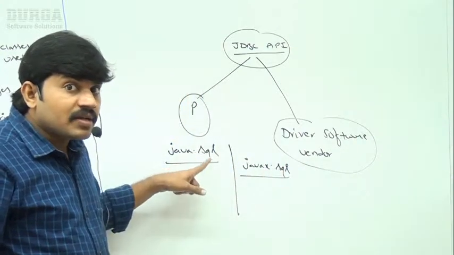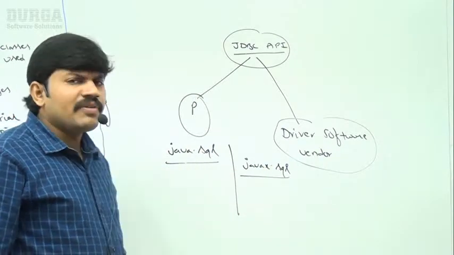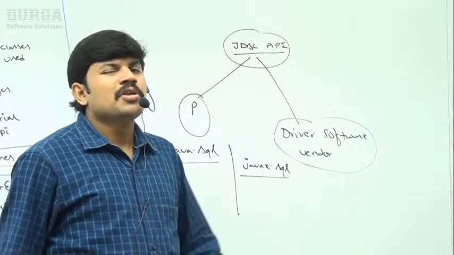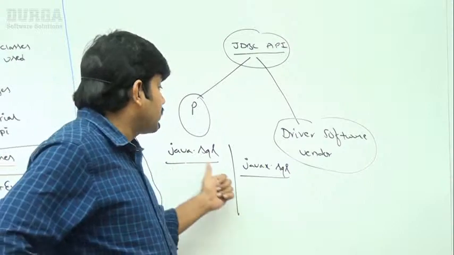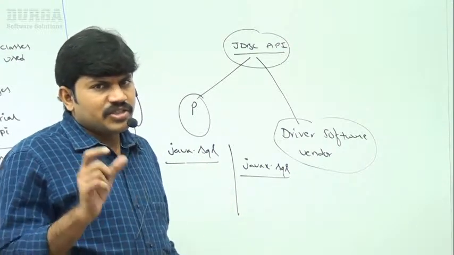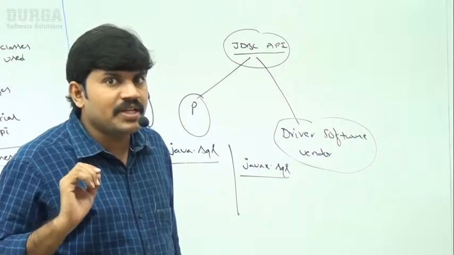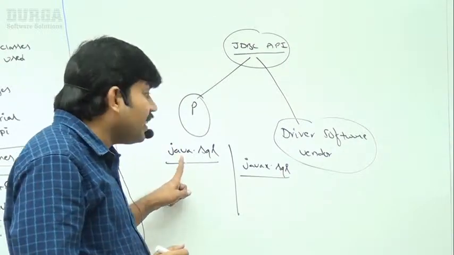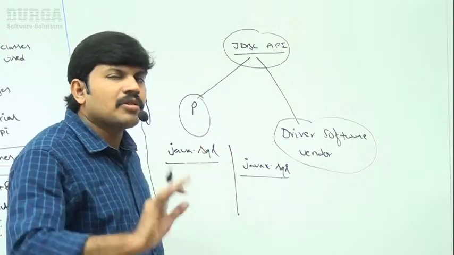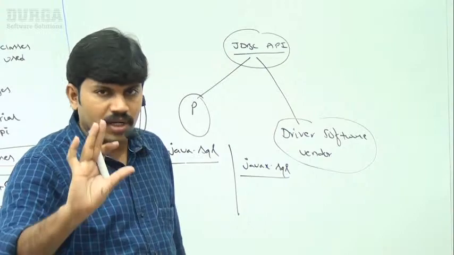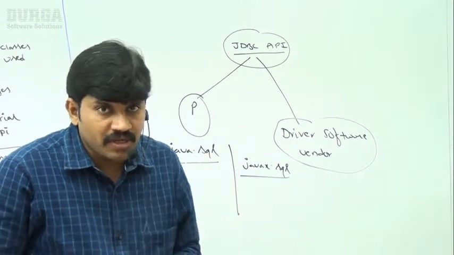The java.sql package contains the basic classes and interfaces which can be used for database communication, something like Statement, Connection, ResultSet, DriverManager. These things are available inside the java.sql package. It contains the most basic classes and interfaces for normal database communication, right?